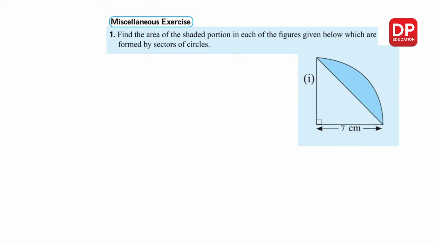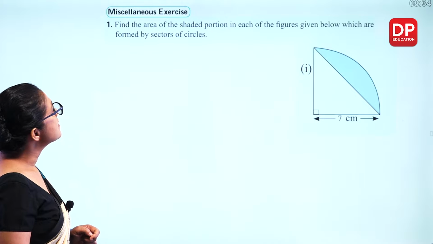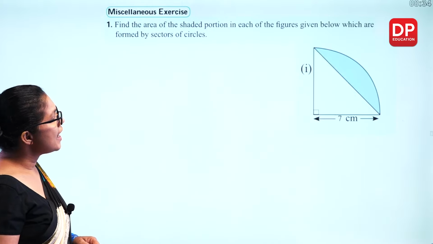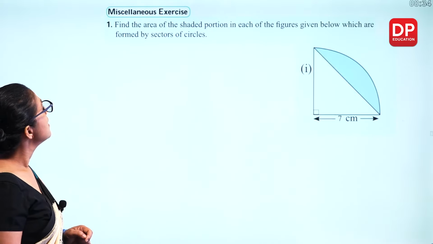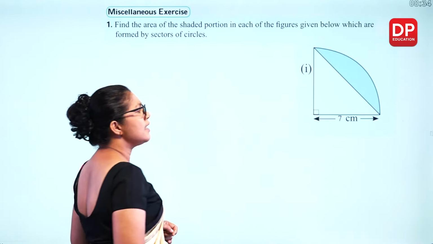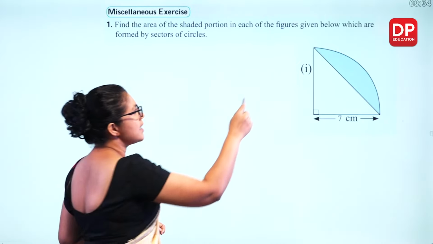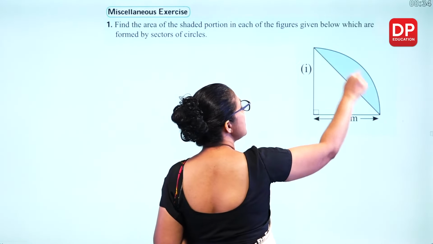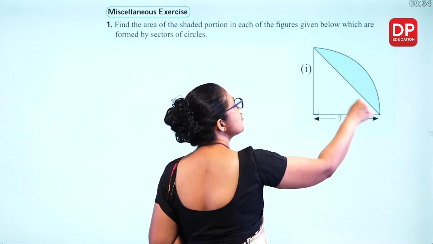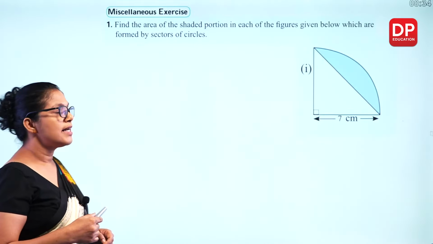Now we'll look at the miscellaneous exercise. In this one, it's given: find the area of the shaded portion, this area. So here, what are the two shapes you are getting? You get a quarter of a circle, that's a sector, and a triangle. When you subtract these two, you get the shaded area.